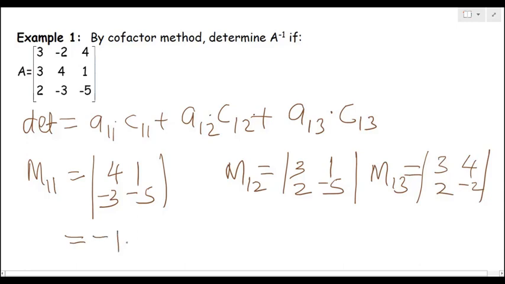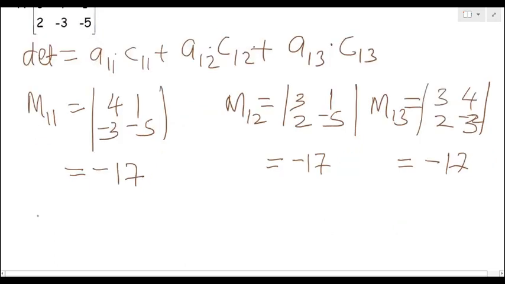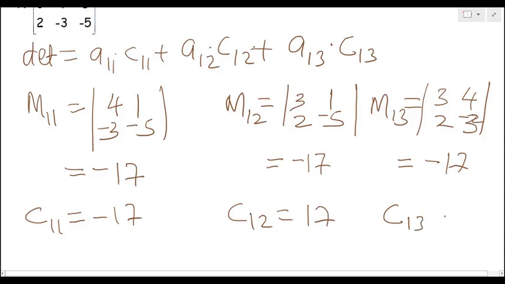This gives minus 17, minus 17, and minus 17, which implies that C11 is equal to minus 17, C12 is equal to 17, and C13 is equal to minus 17.